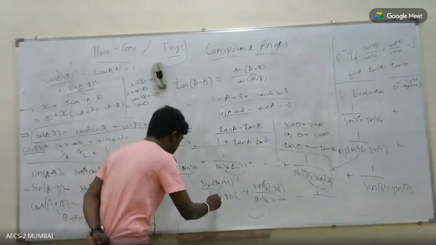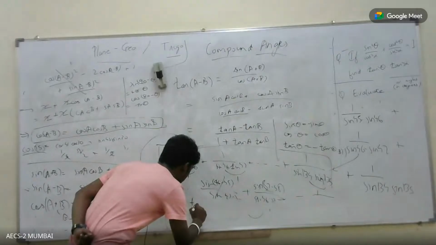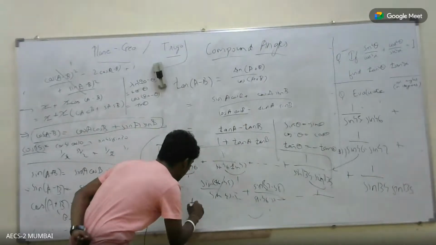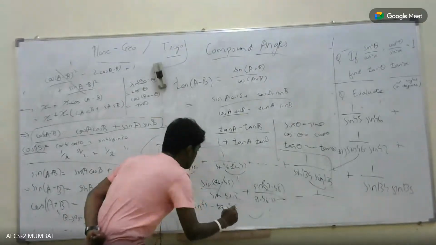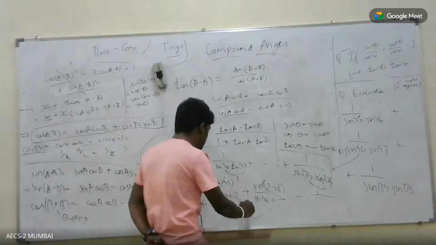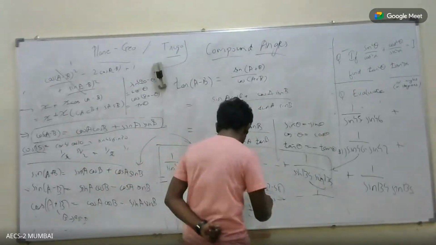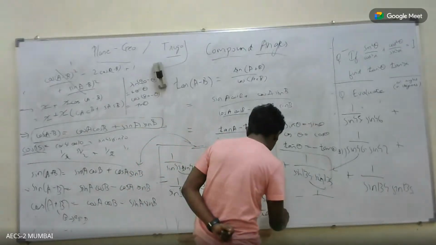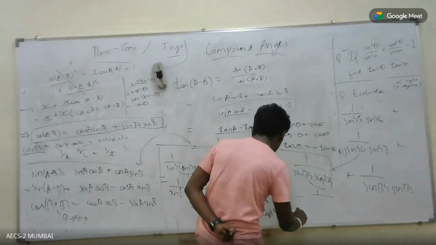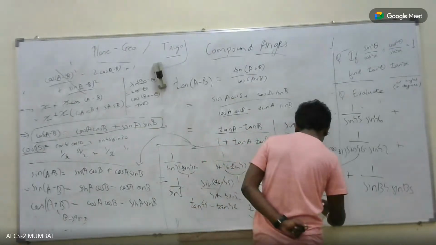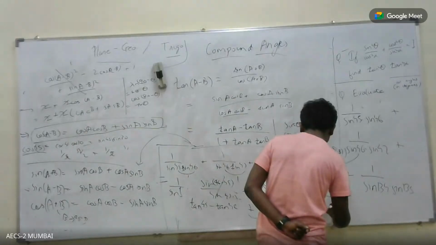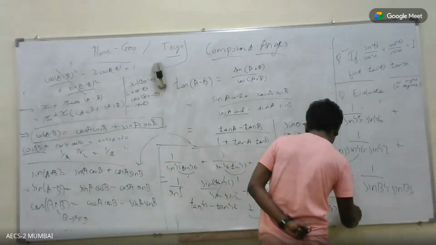That ends up reducing to tan 45 minus tan 46. Similarly, the next term will reduce to tan 46 minus tan 47. Then you have tan 47 minus tan 48.